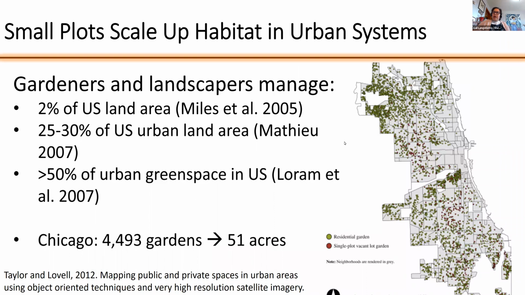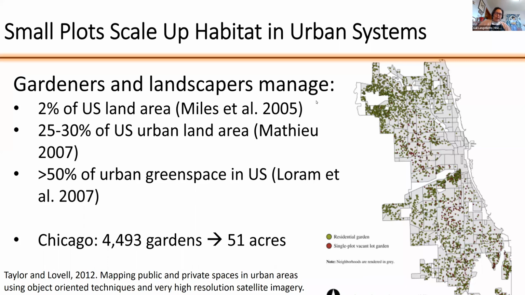If you do happen to garden, you may have, let's say, a typical garden that is just a couple hundred square feet in size. On this map right here, we have a map of Chicago on the right-hand side of the slide. Every individual point on that map is a garden space, either a private garden space or community garden space.